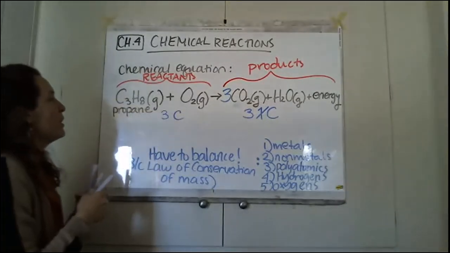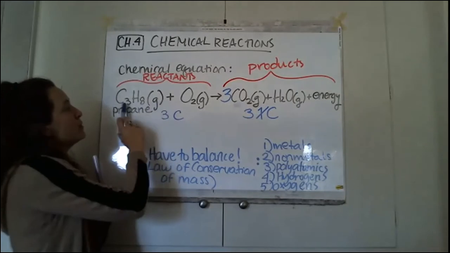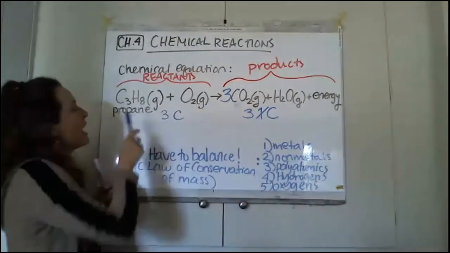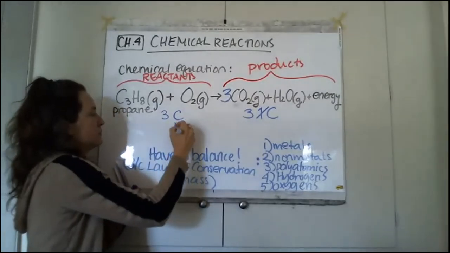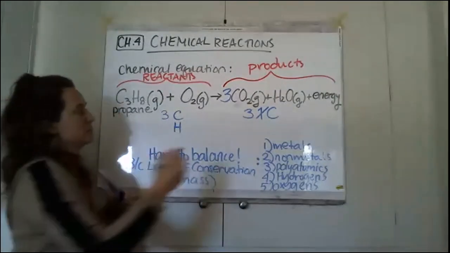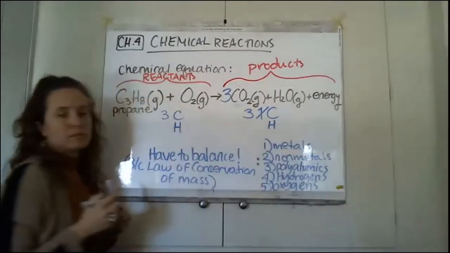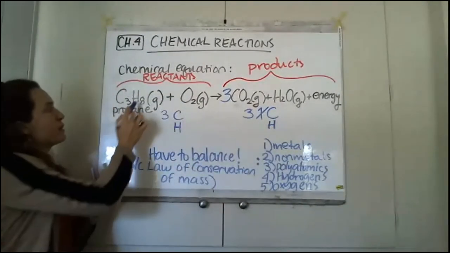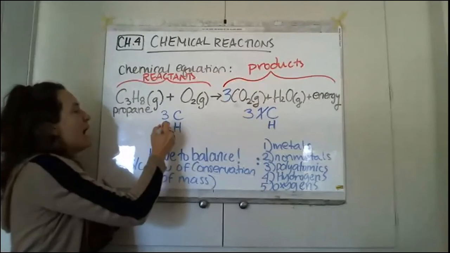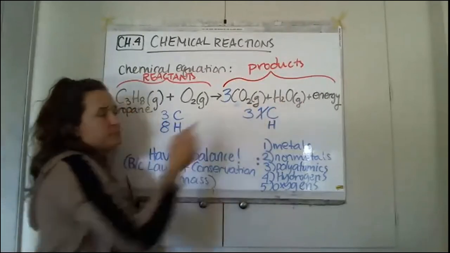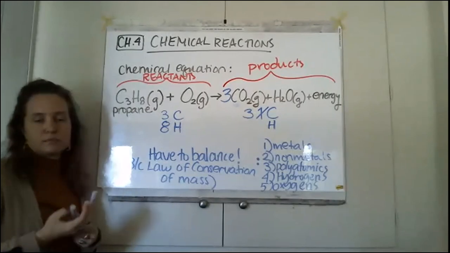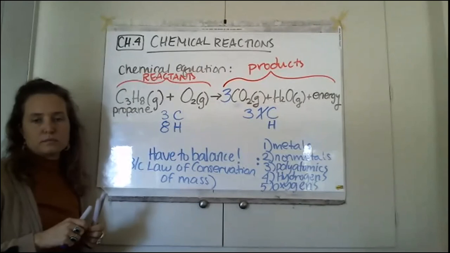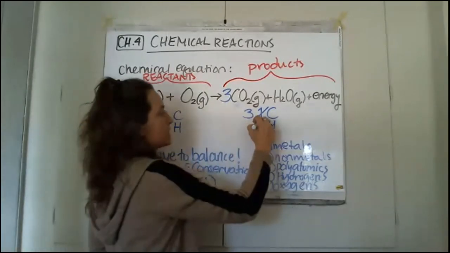For sure, but we're going to keep going, right? So now we can do hydrogens. That's the next step here. How many hydrogens are there on the reactant side? Right, there's 8 hydrogens here. How many are there on the product side? Great, everyone. There's 2 hydrogens over here.